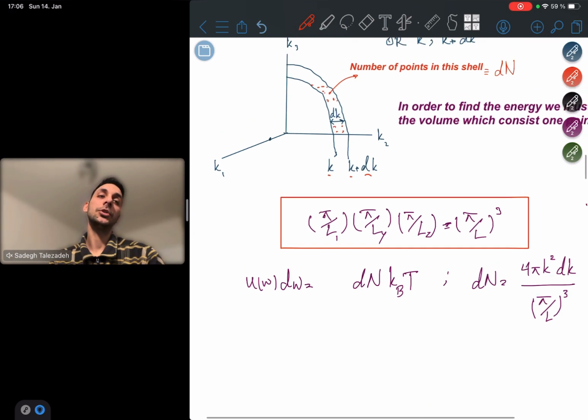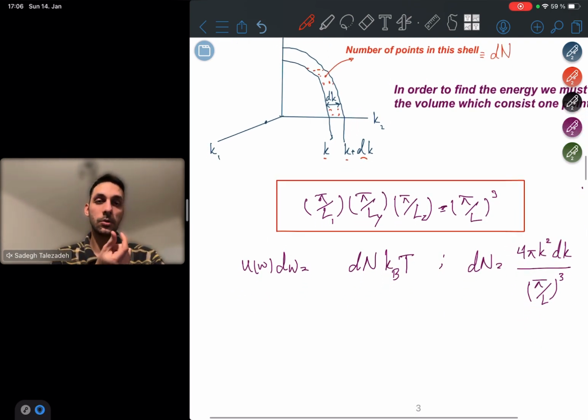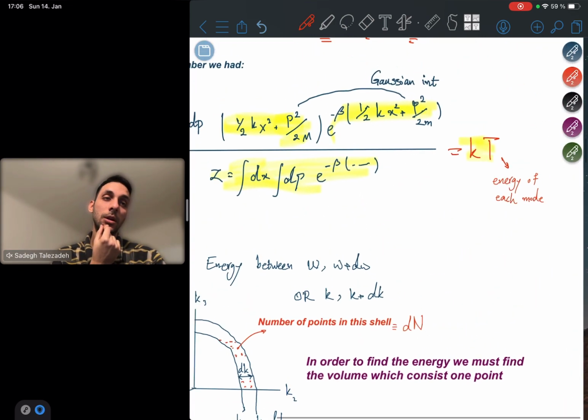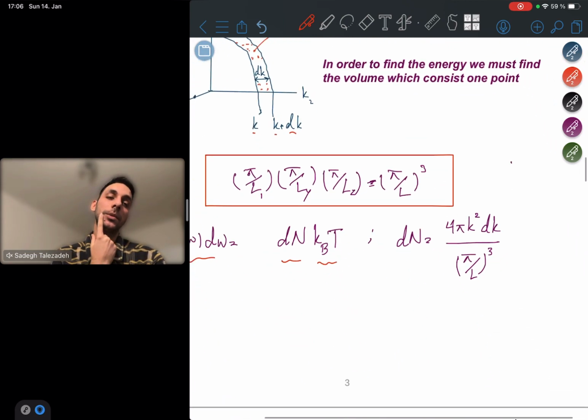So the energy in the volume from k to k plus dk would be this number per volume, times kBT as we measure here. And kB is the Boltzmann constant.